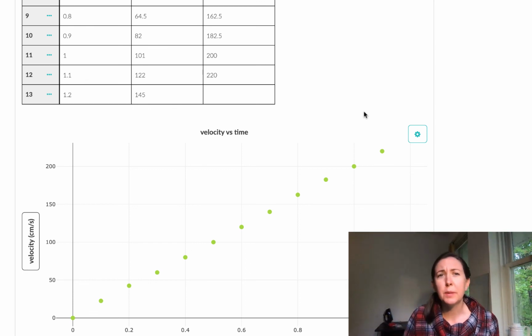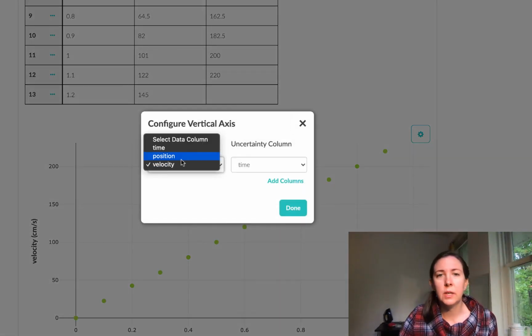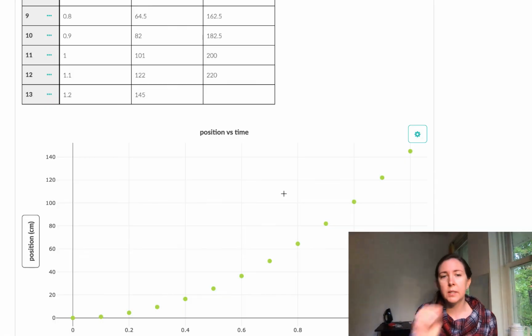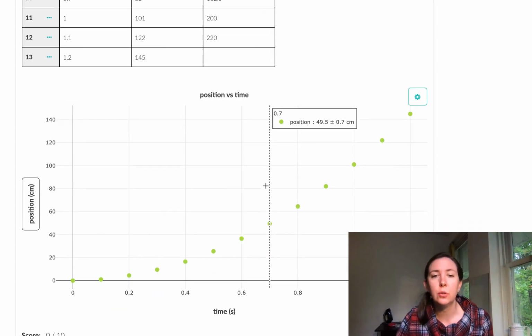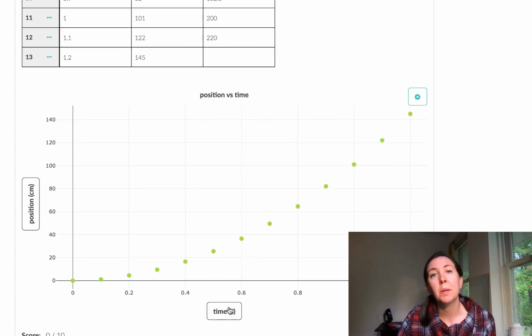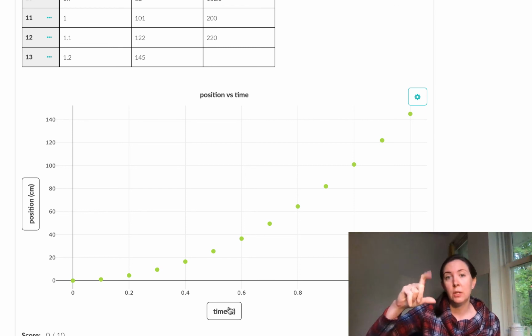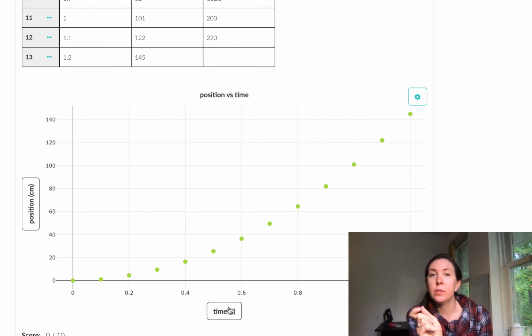But we can do something a little bit funky here. Because this position versus time graph is curved, we can say that the position is proportional to not the time, but the time squared. And we can find interesting information from our graph if we graph the position not versus time, but versus time squared.